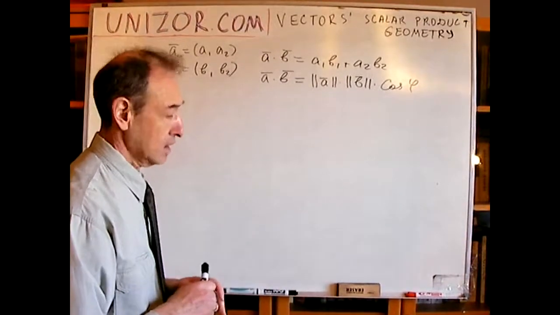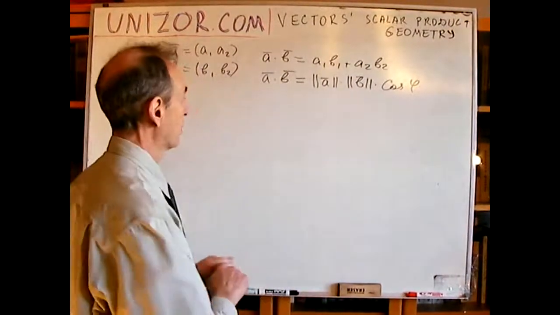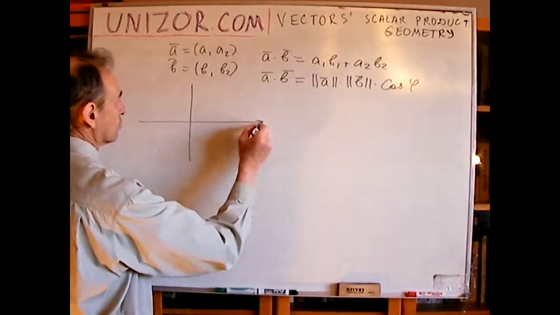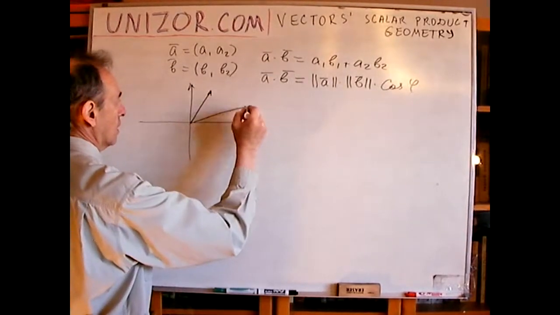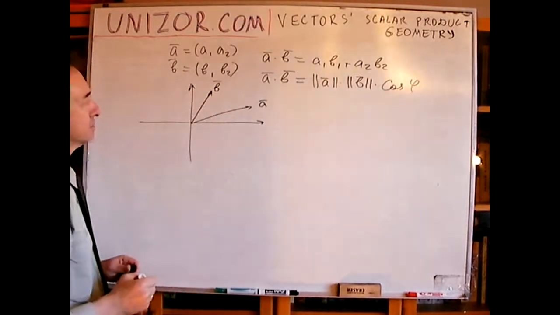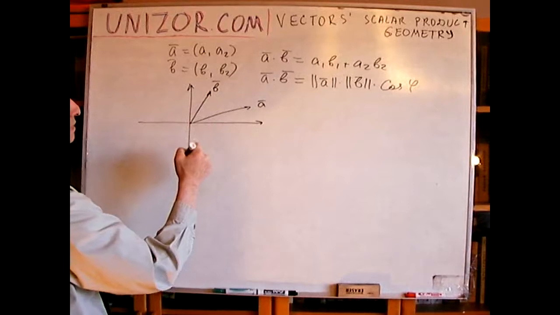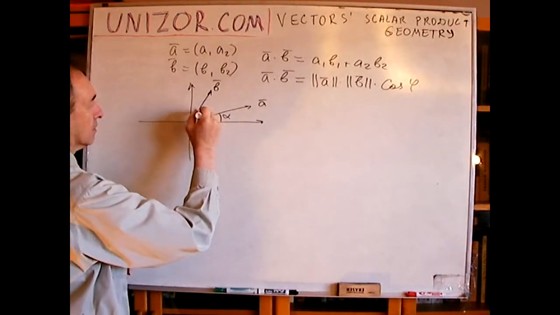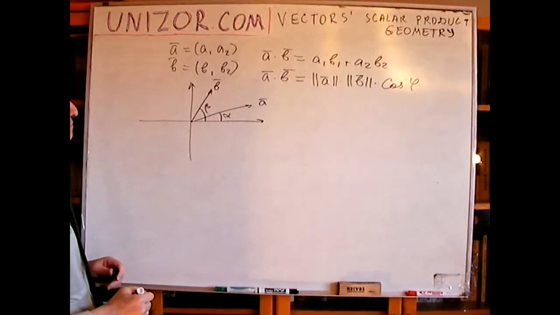Okay. Now, let's go to the two-dimensional case in geometric interpretation. This is easier because I can draw it on the board and everything is kind of obvious here. Let's say this is my vector A and this is my vector B. These are coordinates, and I also would like to mention this is angle alpha and this is angle beta.